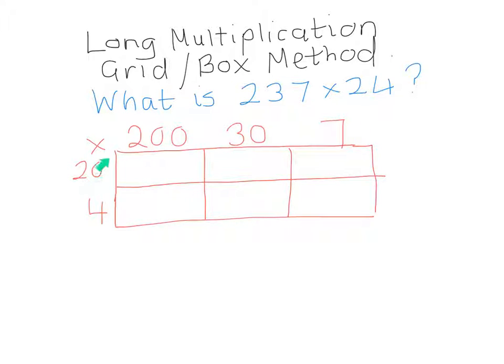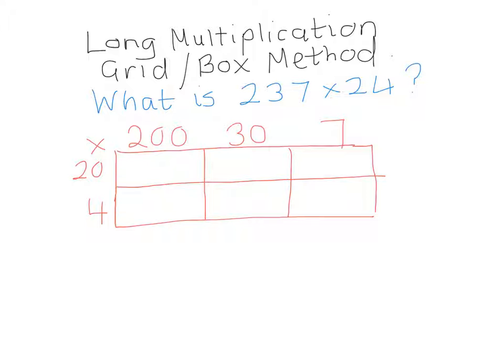Remember, it doesn't really matter if you put the 4 there and the 20 there, the order does not matter, as long as the 2 is worth 20 and the 4 is 4 ones. Now all we do is we simply multiply the two numbers at the sides of each box. So here we're going to do 200 times 20. In this box we'll do 30 times 20. And in this box we'll do 7 times 20.